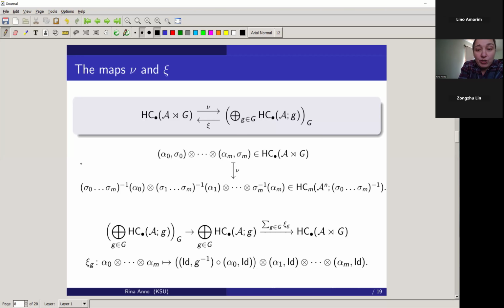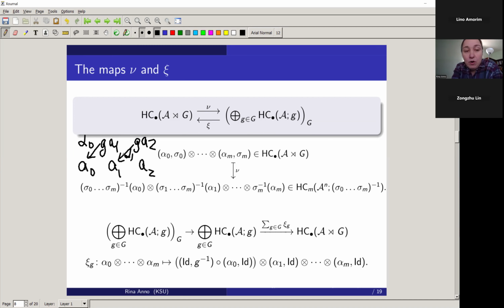So there are objects of A, some A0, A1, A2, and alpha 0 is from sigma 0 A1 to A0, and alpha 1 from sigma 1 A2 to A1.